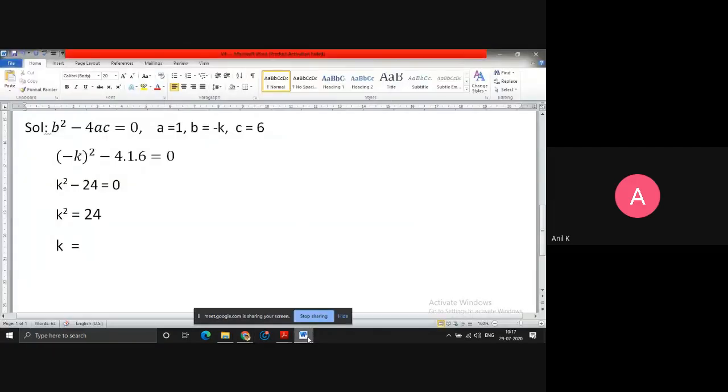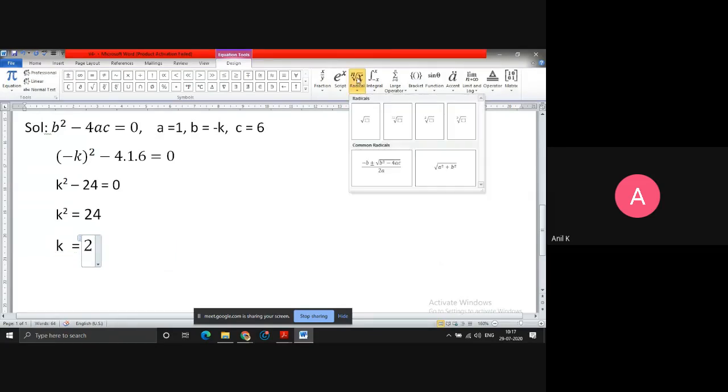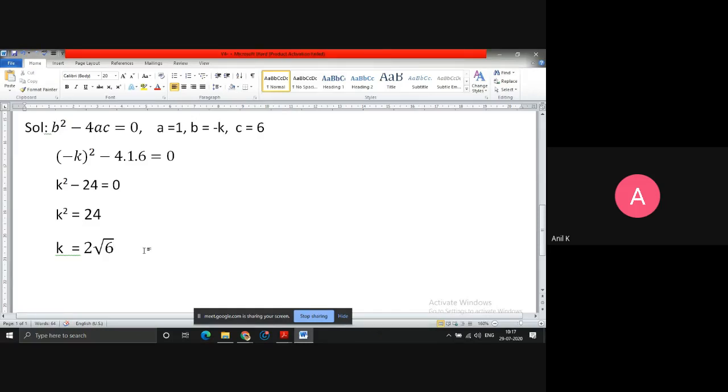Root 24, in the simplest form, you can write it, let me insert the equation for root symbol. Root 24 you can write as root 4 into 6, that is 2 root 6. If you want it in the simplest form, 2 root 6. Okay, so that is the value of k.